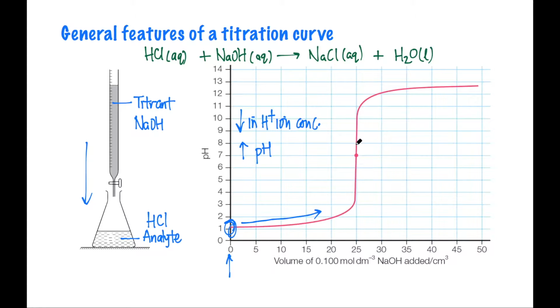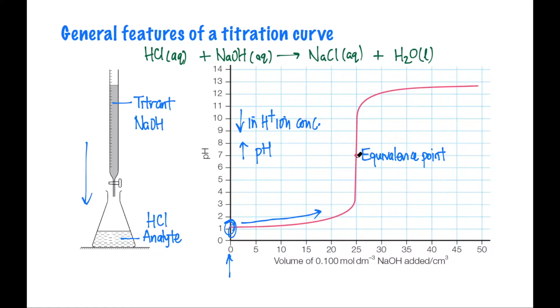A large rapid change in pH, in this case from about 4 to 10, indicates the approach of the equivalence point. At the equivalence point, the acid is completely neutralized by the sodium hydroxide.